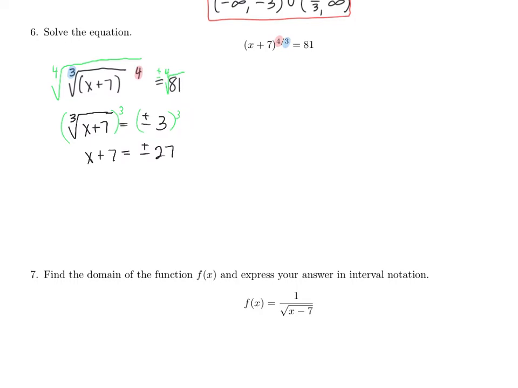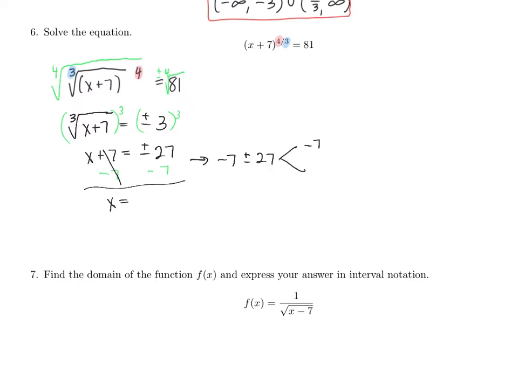And then the last step, getting the x by itself, is subtracting 7 from both sides. So we have x equals, again, don't just say plus or minus 20. You have to separate this into cases. This is the same as negative 7 plus or minus 27.